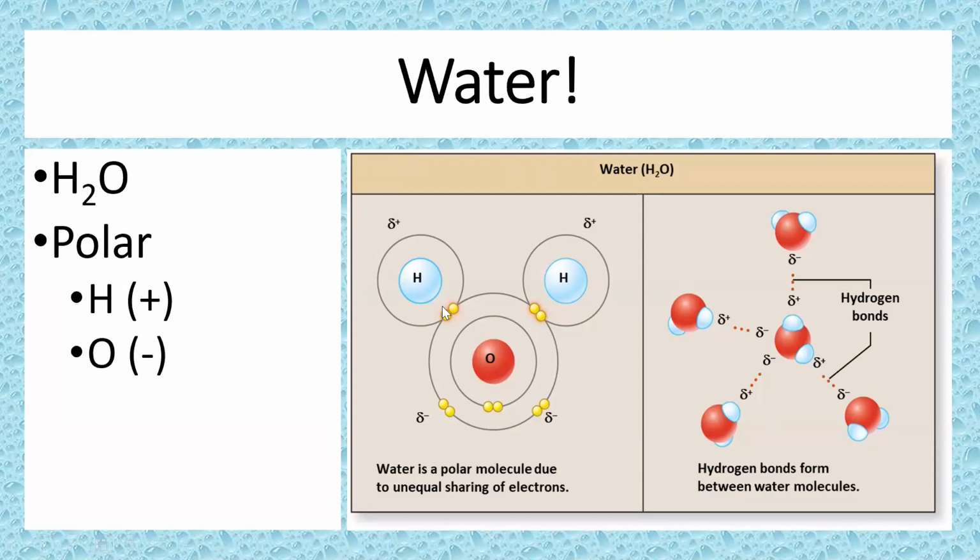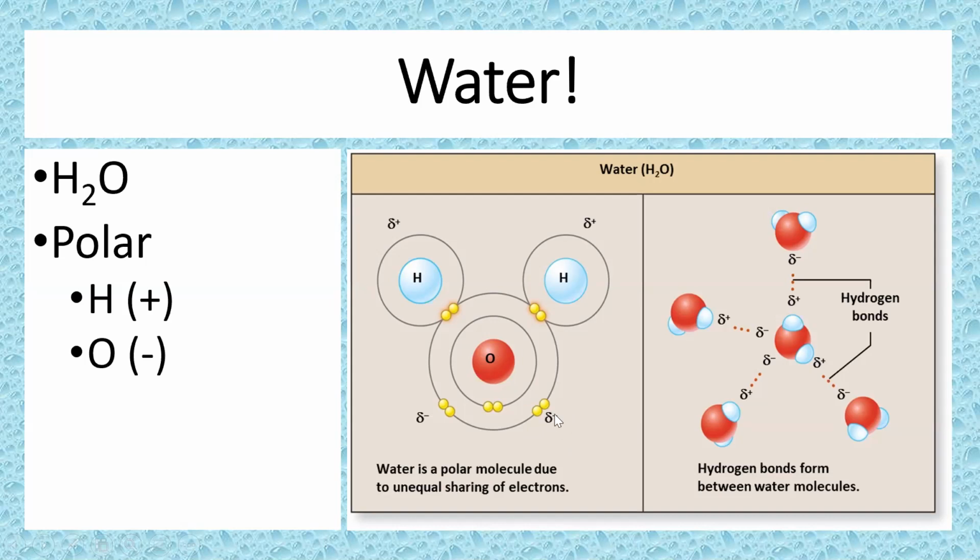So water itself is comprised of polar covalent bonds because, as a result of the formation of the water molecule, you have a partial negative oxygen, which you can see here, delta negative.